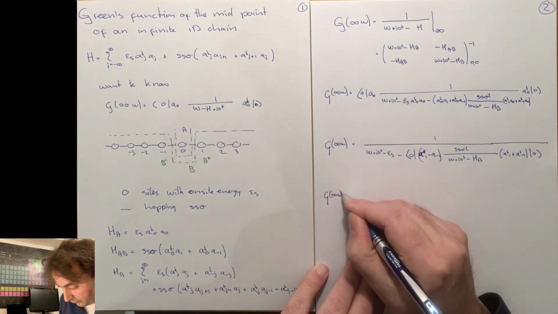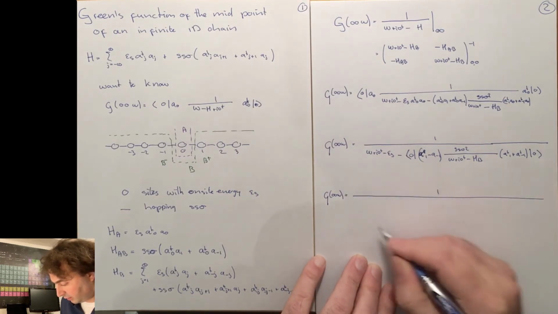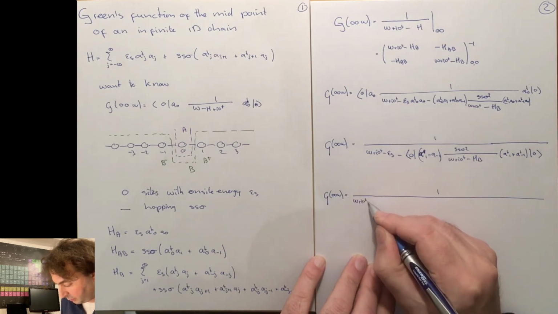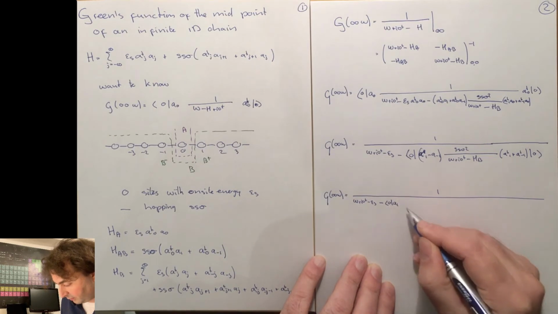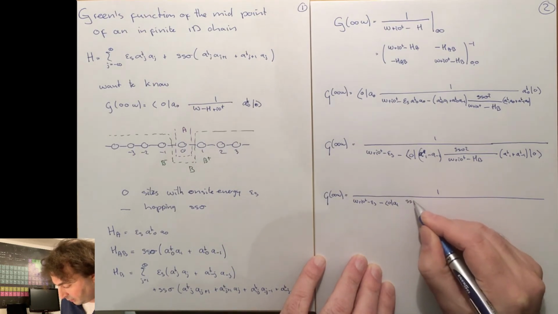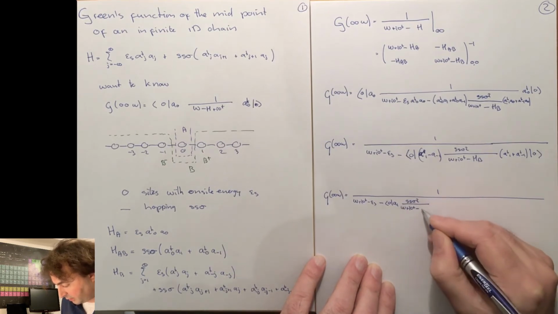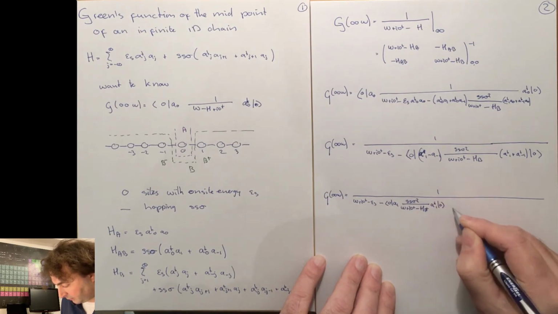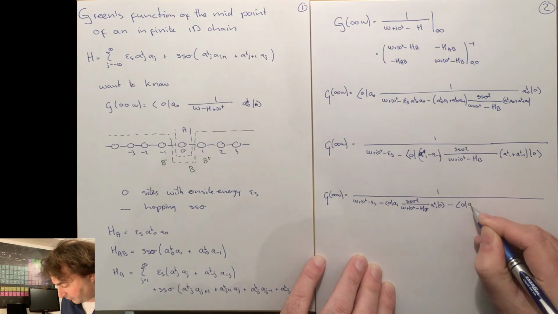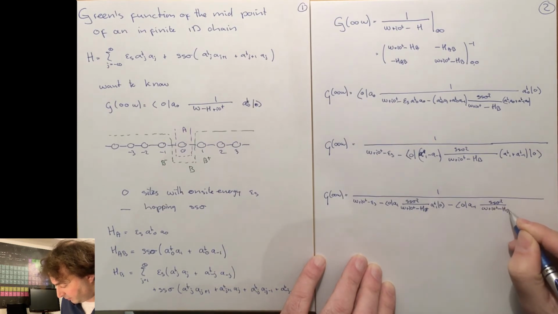So we can write our Green's function as 1 over omega plus i0 plus minus epsilon s minus the coupling A1 as sigma squared divided by omega plus i0 plus minus the positive lead, minus A minus 1 as sigma squared over omega plus i0 plus minus the negative lead.